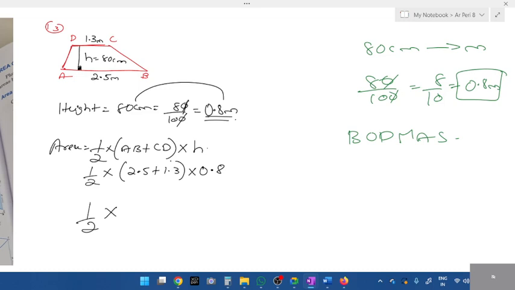All of you draw the diagram, students. Whatever I've done, do the same thing in exam. Draw a small diagram, write the values.